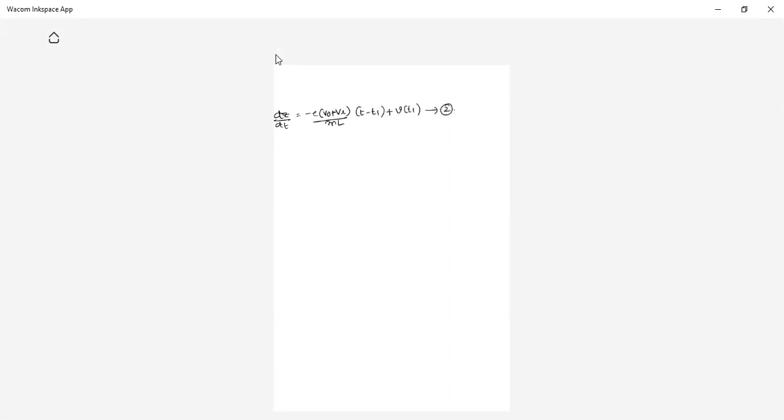This is equation number 2 we got. So integrating equation 2 on both sides.